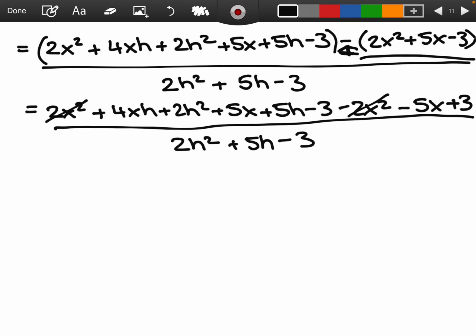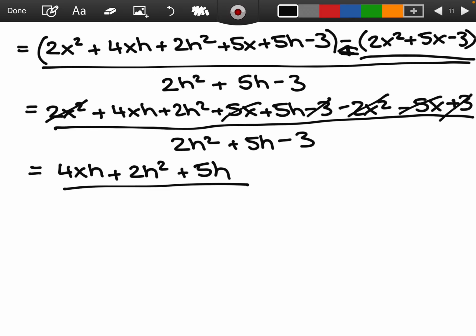And now you can go ahead and simplify the numerator as much as possible. So I've got 2x squared minus 2x squared. Then I've got 5x minus 5x, and I've got negative 3 plus 3. So that leaves me with 4xh plus 2h squared plus 5h over 2h squared plus 5h minus 3. Okay.